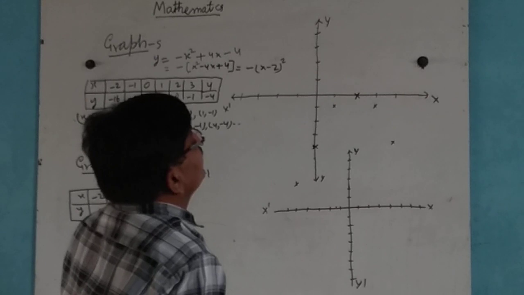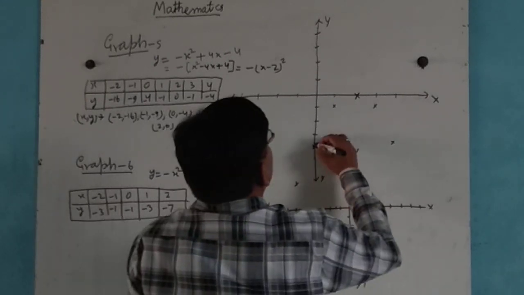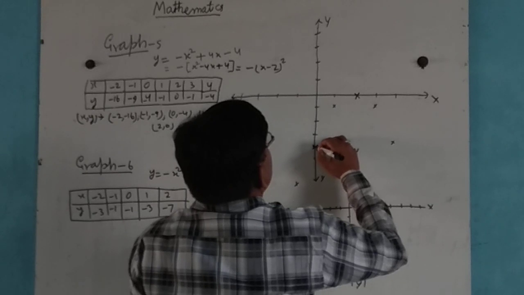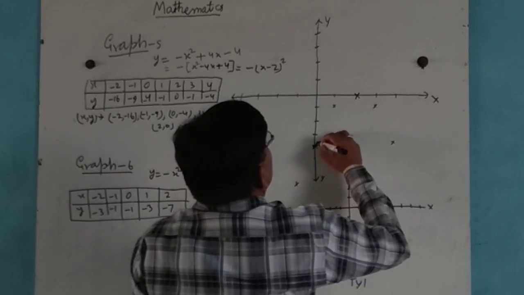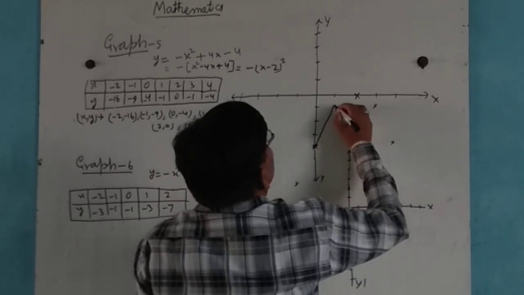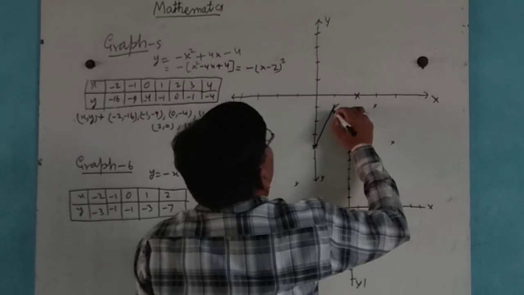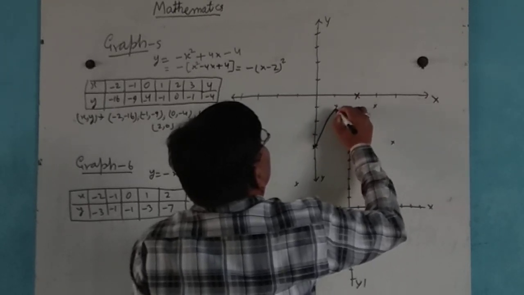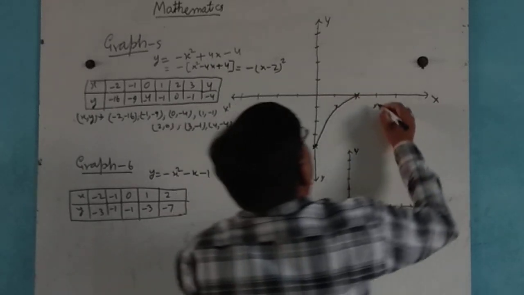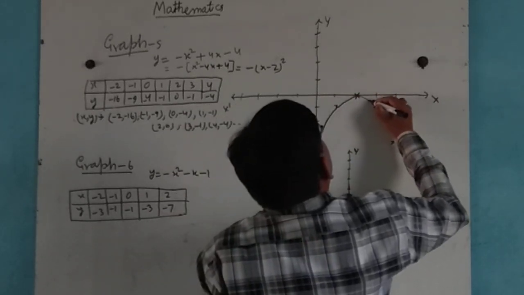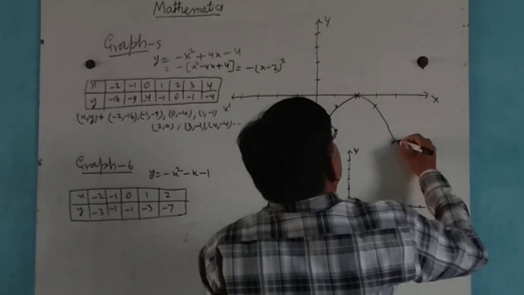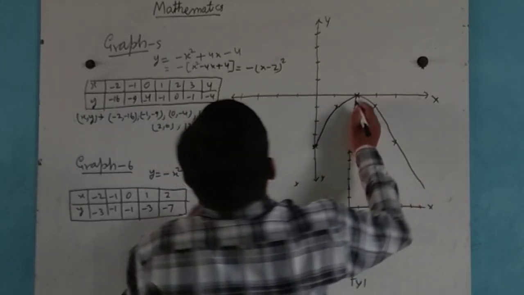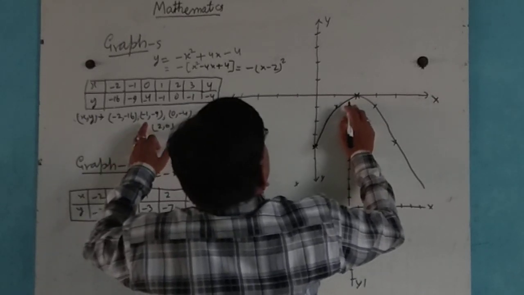In this case, our curve is passing through this point, this point, this point, and after that this point, and so on. Now this point is what?